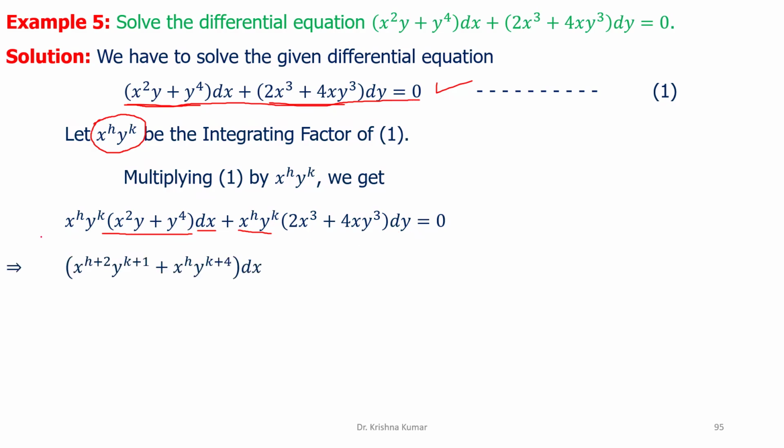Let us simplify. x^h into x² is x^(h+2), and y^k into y is y^(k+1). The first part is over.